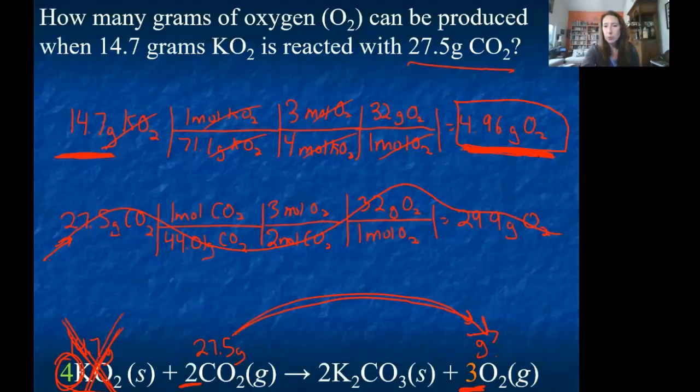Bye-bye KO2. Without the KO2, the reaction can't happen anymore. It stopped. At 4.96, it was over. So this answer down here said 29.9, but that's imaginary because we could have never gotten there, because after 4.96 the reaction stopped because we had no more KO2. So this is our answer.